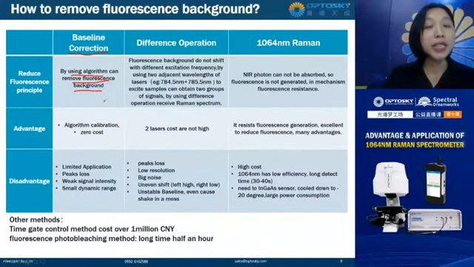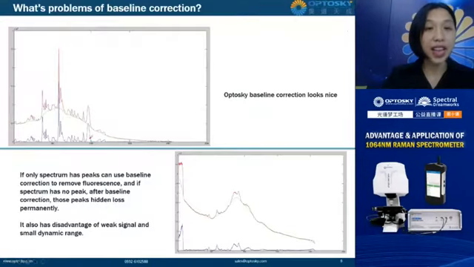It has an advantage of zero cost. Just like this one, this is the baseline correction result. This one has a bit of fluorescence background, and after baseline correction, we export this spectrum. It can show a very nice Raman spectrum.